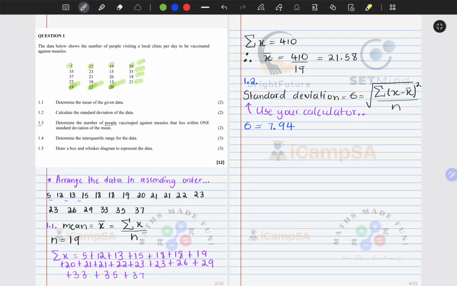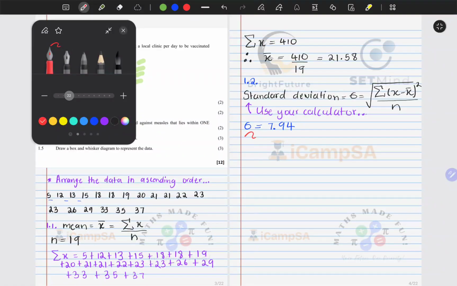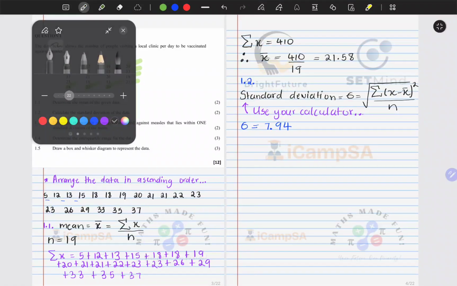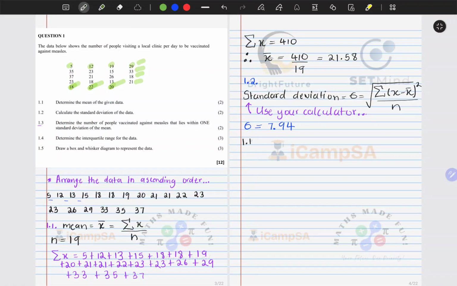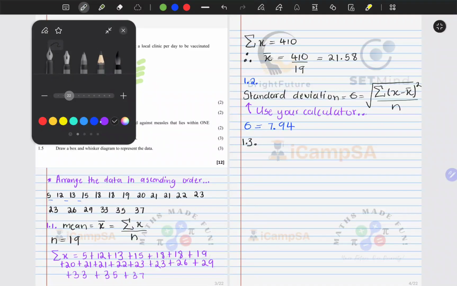Determine the number of people vaccinated against measles that lie within one standard deviation of the mean. So let's go ahead and have a look at what this means. So we're looking at 1.3, and this will generally be how they ask these questions.